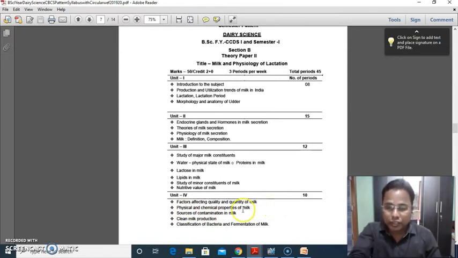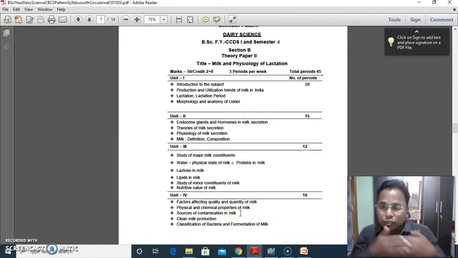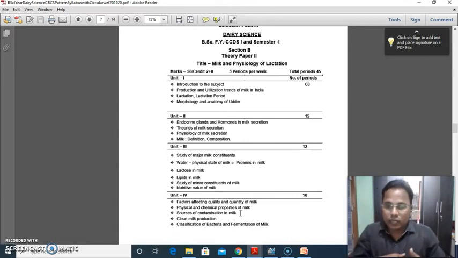Then sources of contamination of milk: how milk is contaminated, and what are the different sources due to which milk gets contaminated. Then clean milk production, how clean milk is produced. There are some points that should be considered and followed so that we get clean milk, and that will be studied in this point.